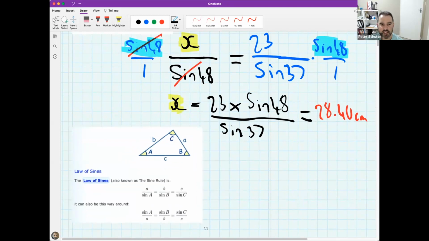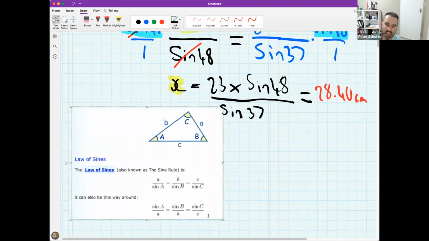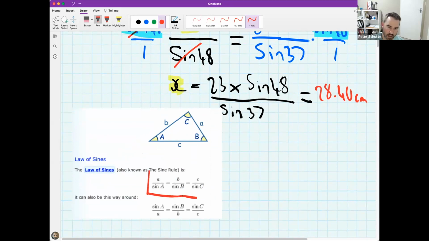In terms of mathematically expressing the sine rule, the way it looks in fancy mathematical language is a side over the sine of the angle opposite is equal to the side over the sine of the angle opposite that, and so on. But that's the one way. When we're solving for sides, we write the sine rule like that.